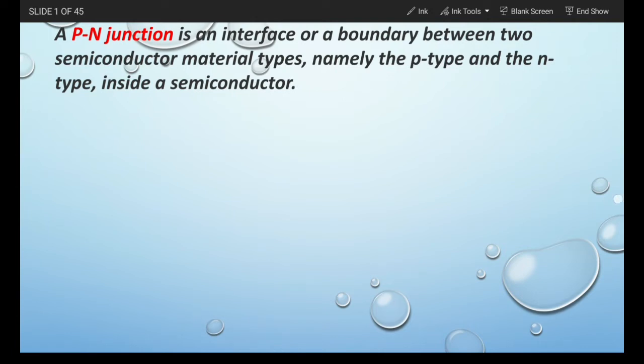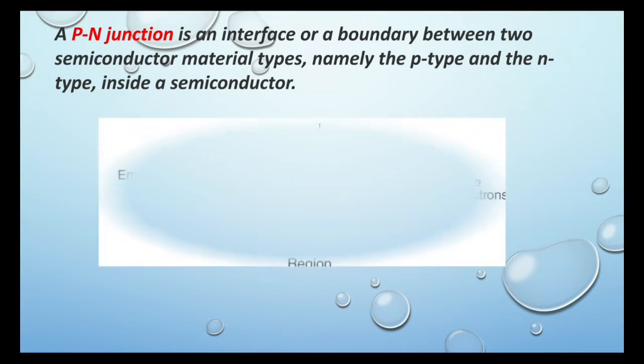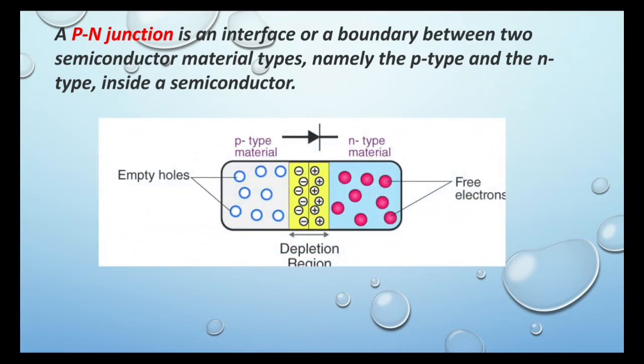So this picture is basically a PN junction diode, and you can see that the left-hand side is doped with P type material and the right-hand side is doped with N type material.